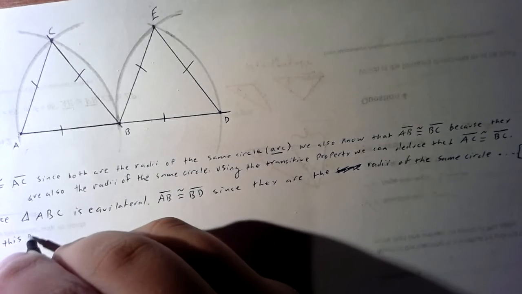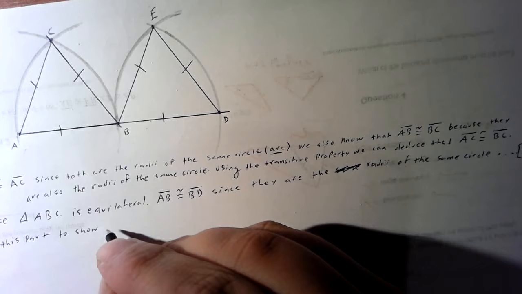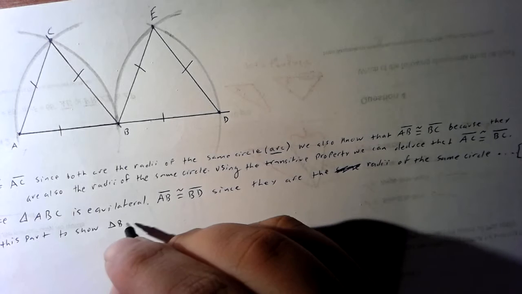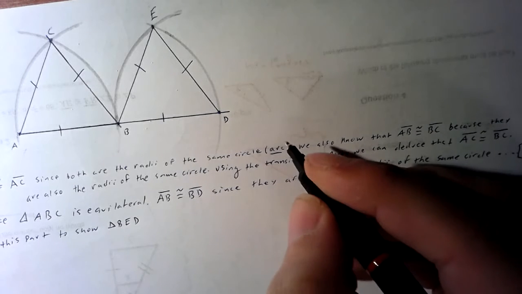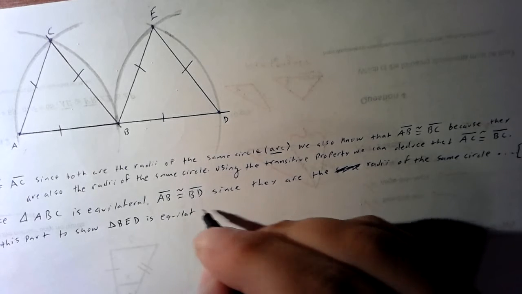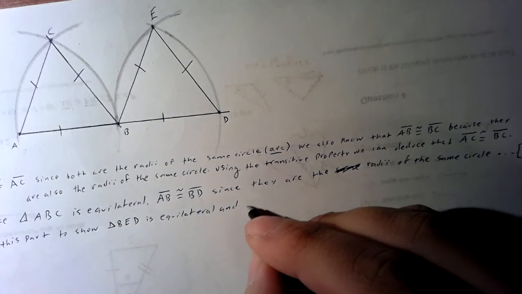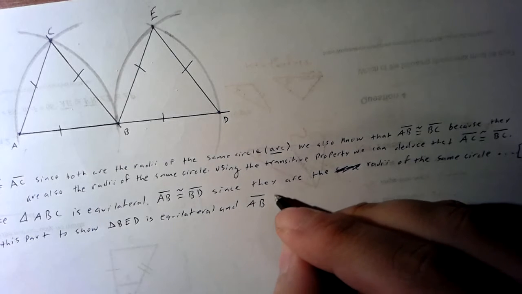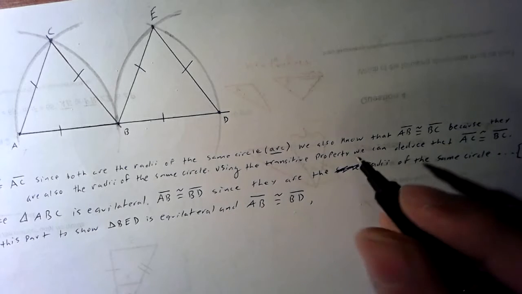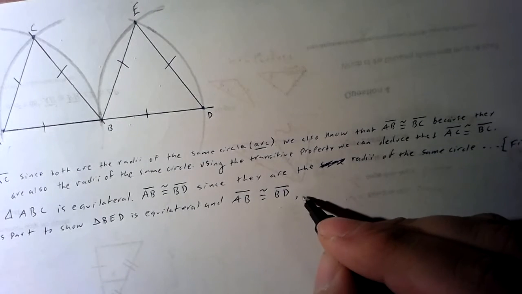Fill in this part to show that triangle BED is equilateral and AB is congruent to BD, comma, sorry, I'm writing it out for you, but you still have to fill it in and clean it up a bit, this part.